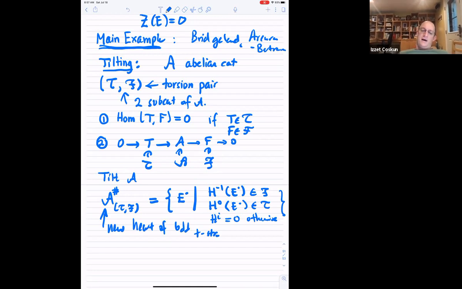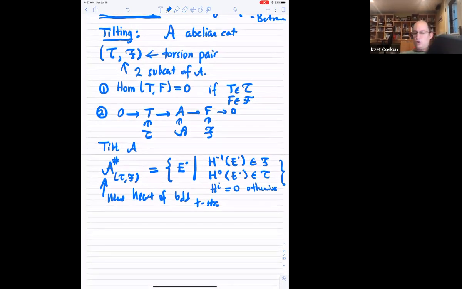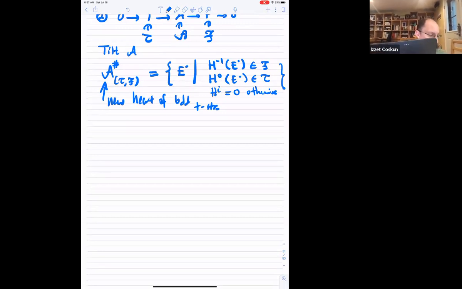Okay, so now this is what we are going to do to our category of sheaves, okay? So what we are going to do is we are going to tilt it with respect to a torsion pair. So let's do it. So this is our main example.